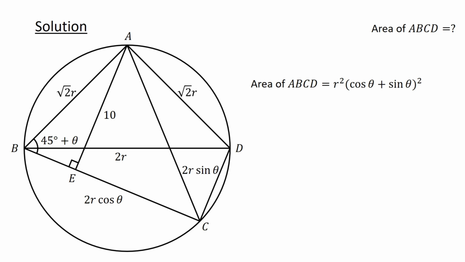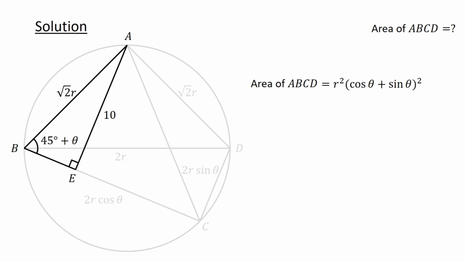To do this, we focus on triangle ABE. Since triangle ABE is a right-angled triangle, sine of (45 degrees plus theta) is given by the length of the opposite side, which is 10, divided by the hypotenuse, which is square root 2 r.